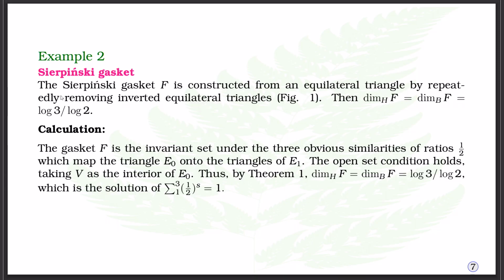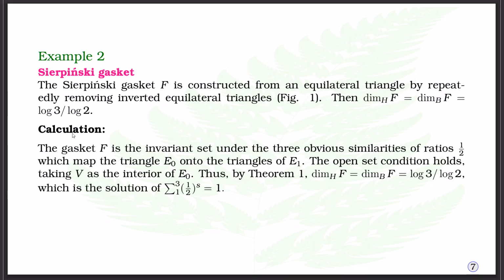Now, consider the Sierpinski gasket F, constructed from an equilateral triangle by repeatedly removing the interior of an equilateral triangle. There the Hausdorff dimension and box counting dimension we already obtained are both log 3 by log 2.